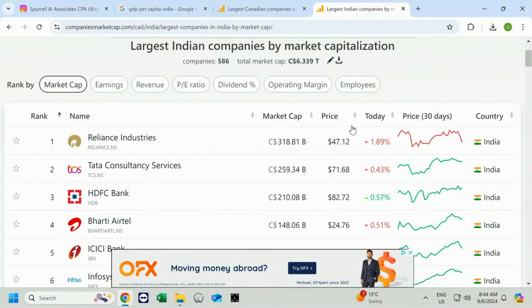And this is in Canadian dollars, dollar for dollar. I'm not comparing rupees. It's $318 billion. And so the mistake is people think that if GDP per capita is low, then the big companies can't make any money, so there's no opportunity for me to invest.